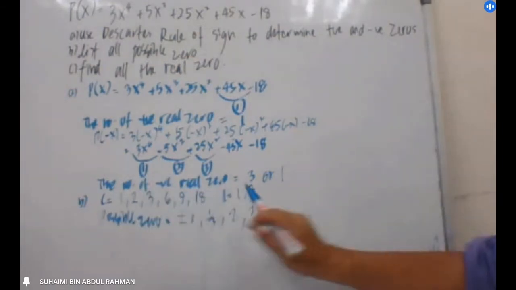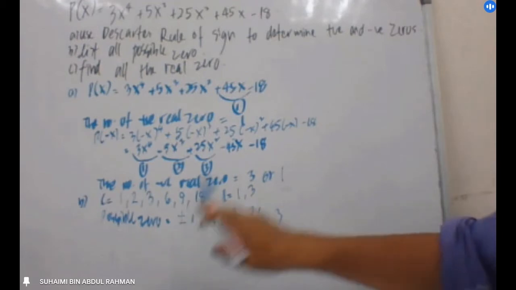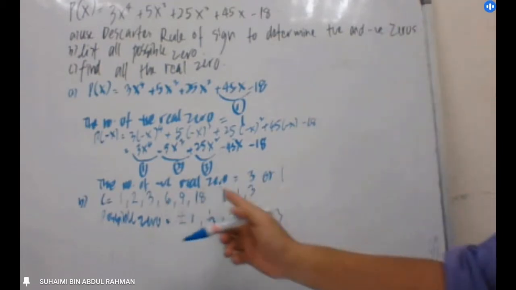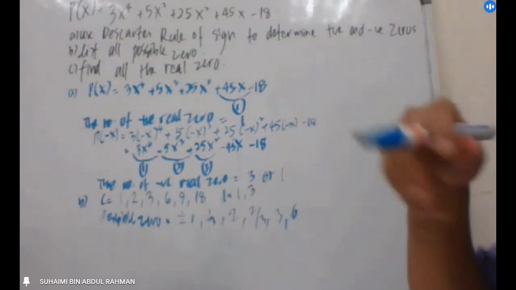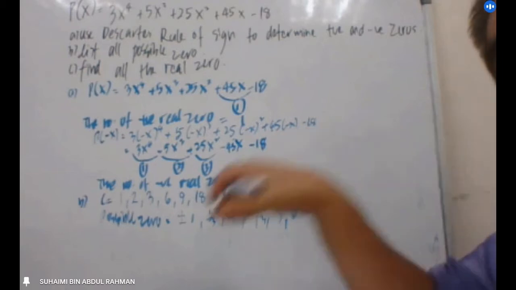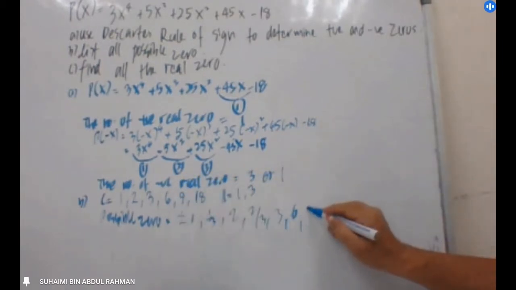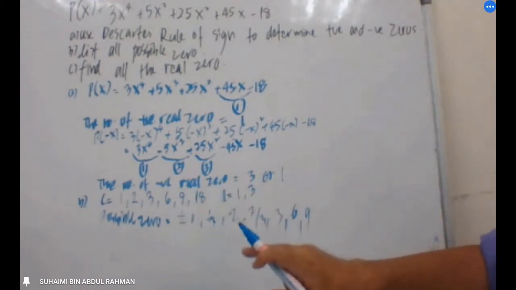Then 3 over 1, 3. 3 over 3, 1, which we already have, no need to write. Then 6 over 1, 6. 6 over 3, 2, no need to write because we already have 2. Then 9 over 1, 9. 9 over 3, 3.